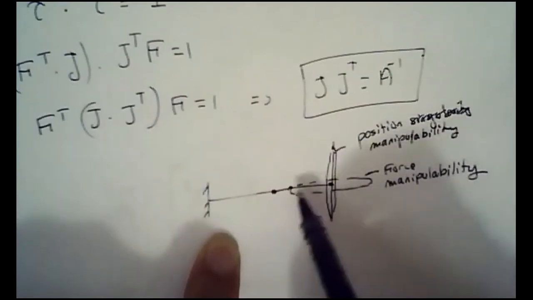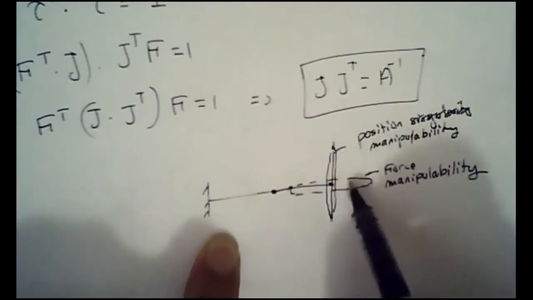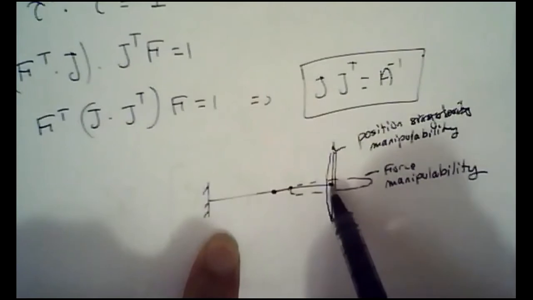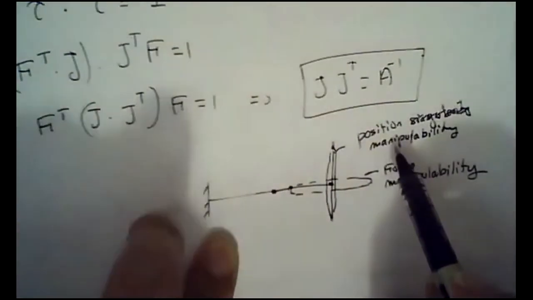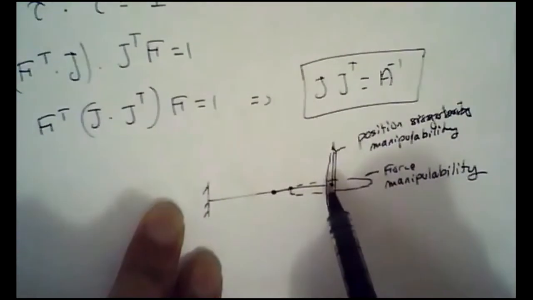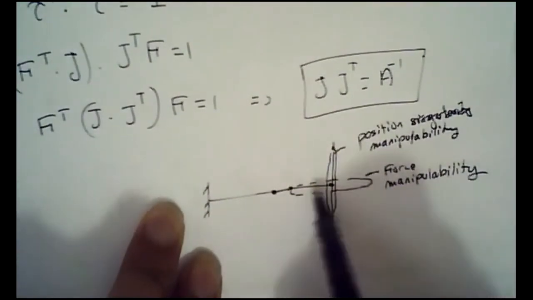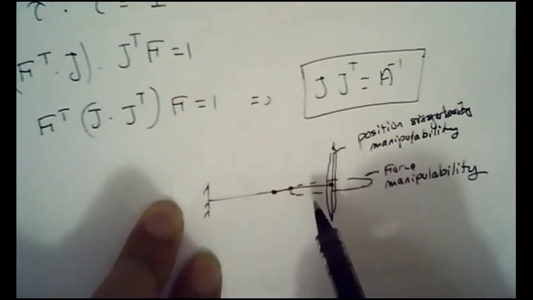And it makes sense. You remember here we had a singularity in the x direction, meaning I can't move in the x direction, but I can move in the y direction. So this is my position manipulability ellipsoid. And I can actually apply way more force in that direction than I can apply in this direction, because of the toggle position.